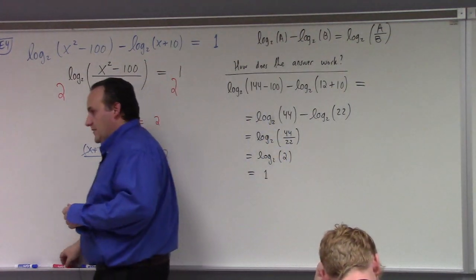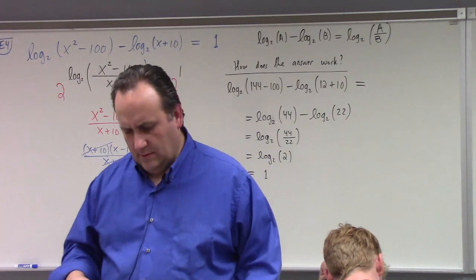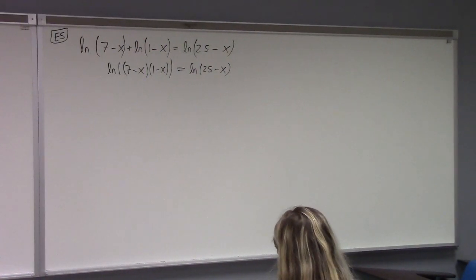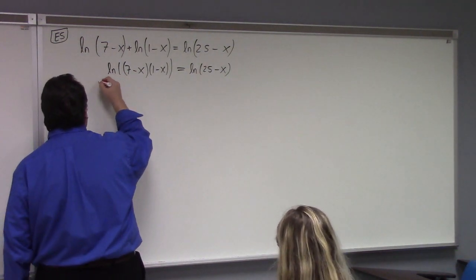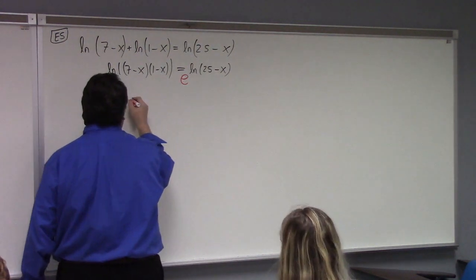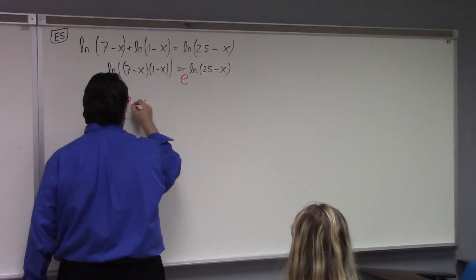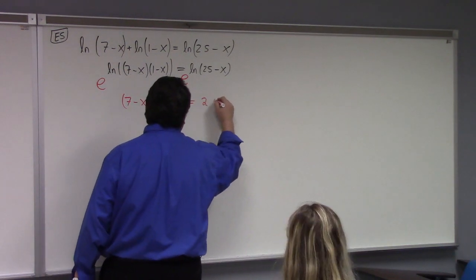So the right move here is to exponentiate both sides. Of course, you could just use the one-to-one property and go straight to the step I'm about to write down, which is that 7 minus x times 1 minus x is equal to 25 minus x.